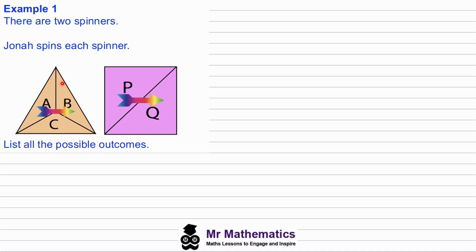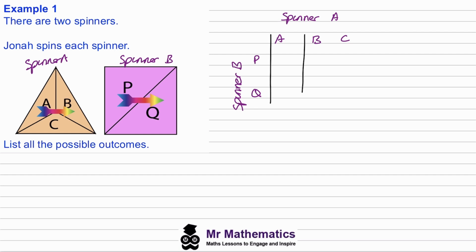If we call this spinner A and this one spinner B, then to create our sample space diagram, we need to create a two-way table with spinner A on top, so this has outcomes A, B, and C, and spinner B to the side. And this has outcomes P and Q.